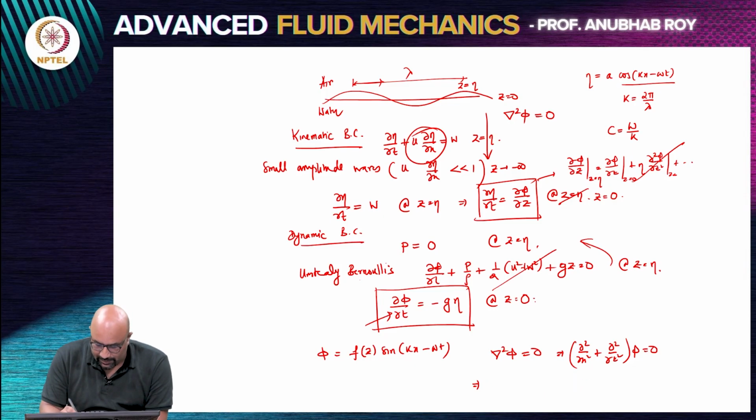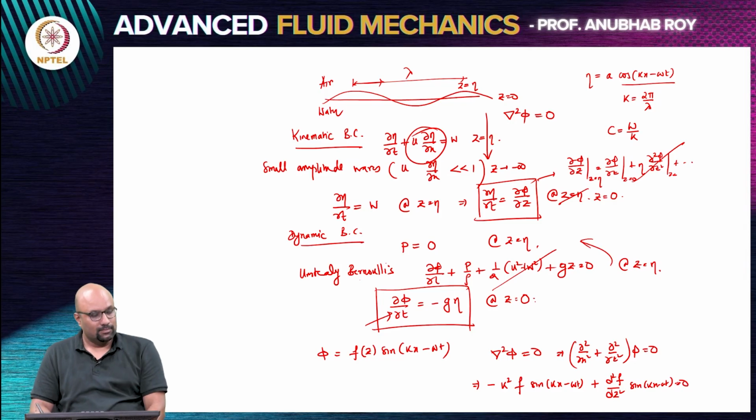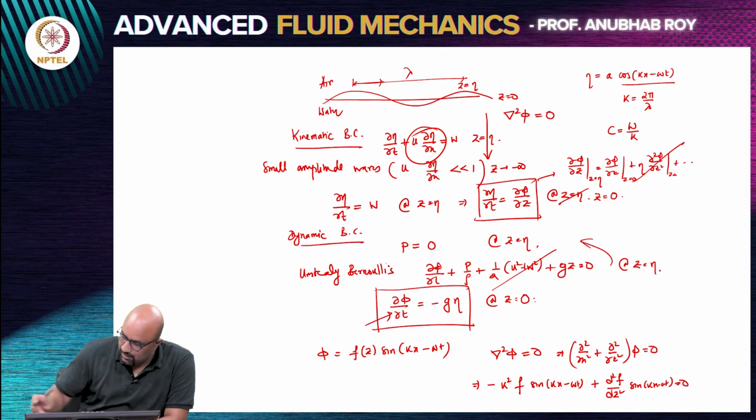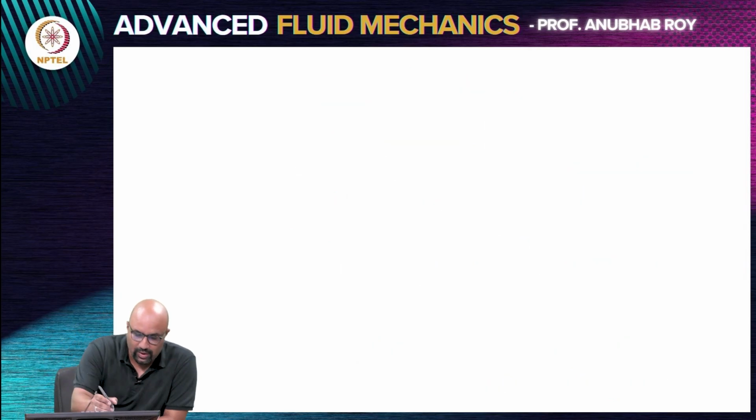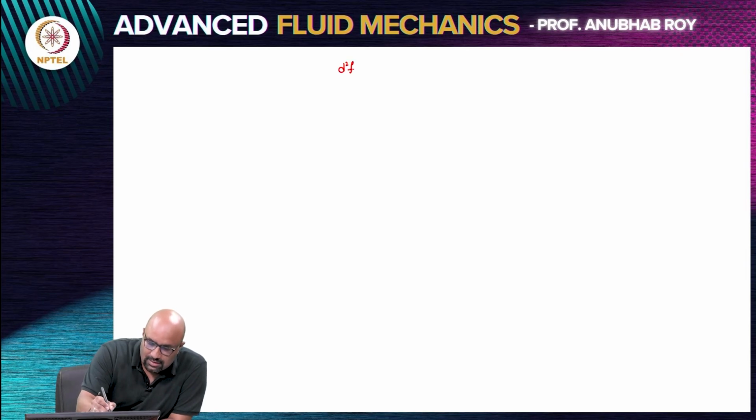So the first one will be minus k square f sine kx minus omega t, and the next term is d square f dz square sine kx minus omega t is equal to 0. So your equation is d square f dz square minus k square f is equal to 0.